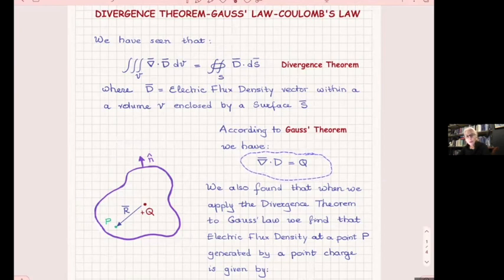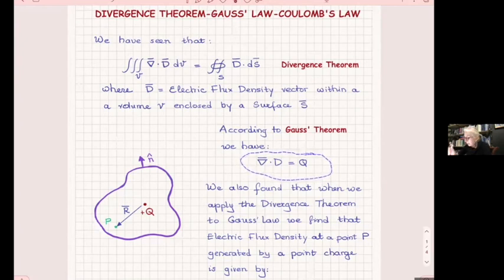So for example, what I meant to say is the following. This relationship that I have here is a differential relationship. What does differential mean? It applies at one point. So at every point in space, this relation will apply accordingly.